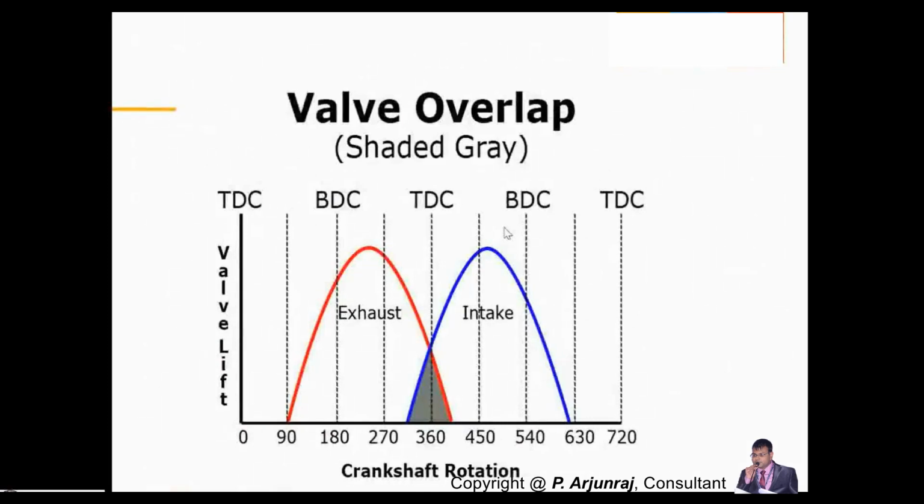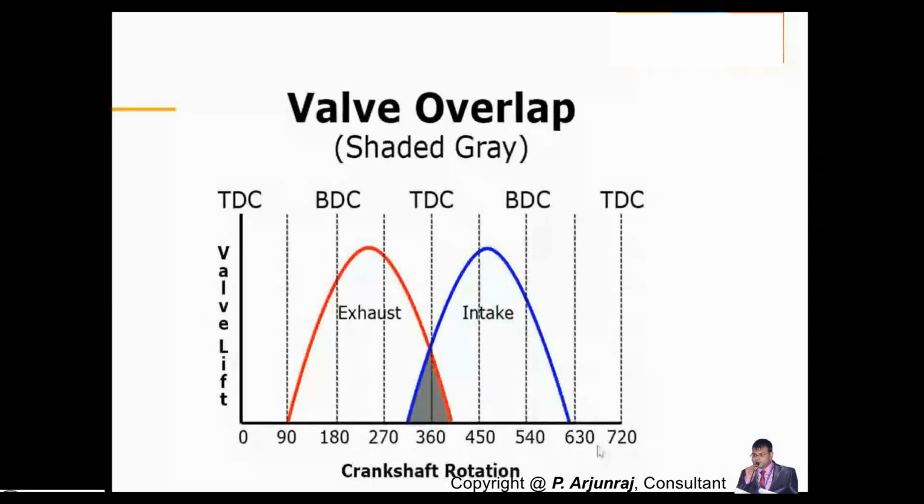See, the piston moves from TDC to BDC, BDC to TDC. You have a 2-stroke or 4-stroke. Irrespective of the stroke engine, this happens over 720 degrees of the crankshaft location, and you have the valve lift.